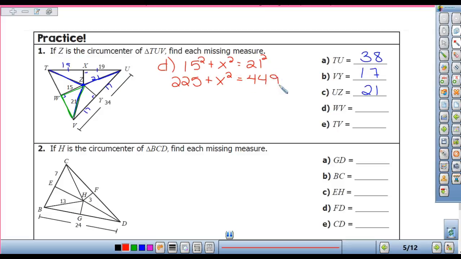441. Now subtract, x squared equals 216. Square root it. X is 14.7. So WV is 14.7.